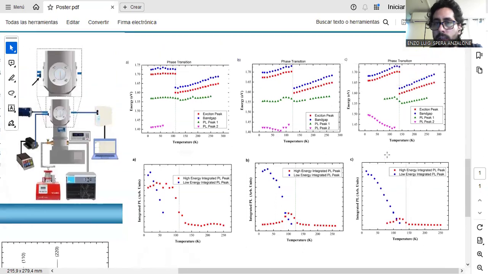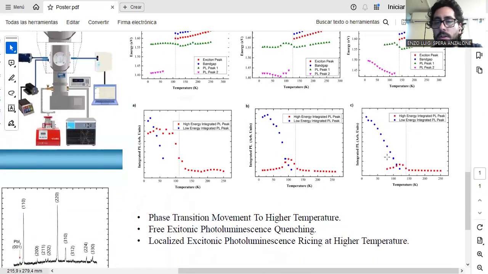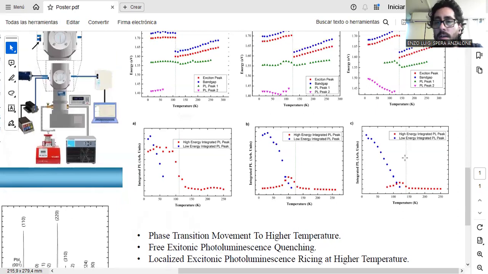We analyzed the behavior of the photoluminescence with the Guglielmi model and a model for localized recombination.